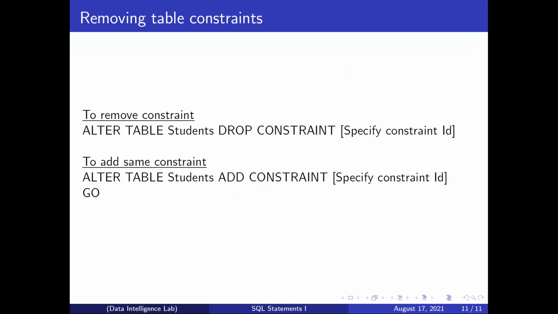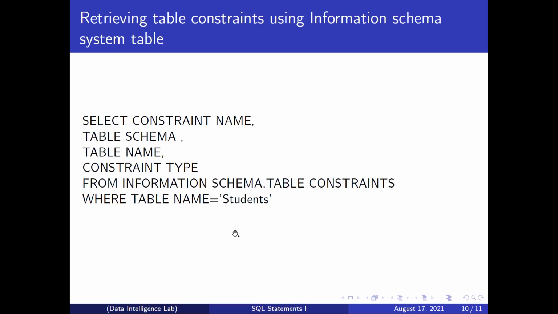Then you can remove constraints that are on your table. Constraints are defined on tables, not on databases, so you should note that. You can remove existing constraints on your table, but before you can do that, every constraint is created with a constraint ID defined in this information schema table, right?